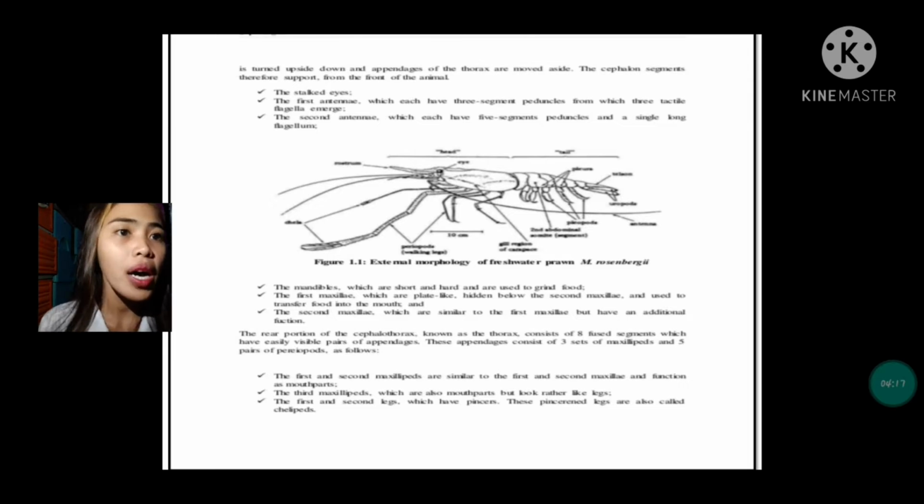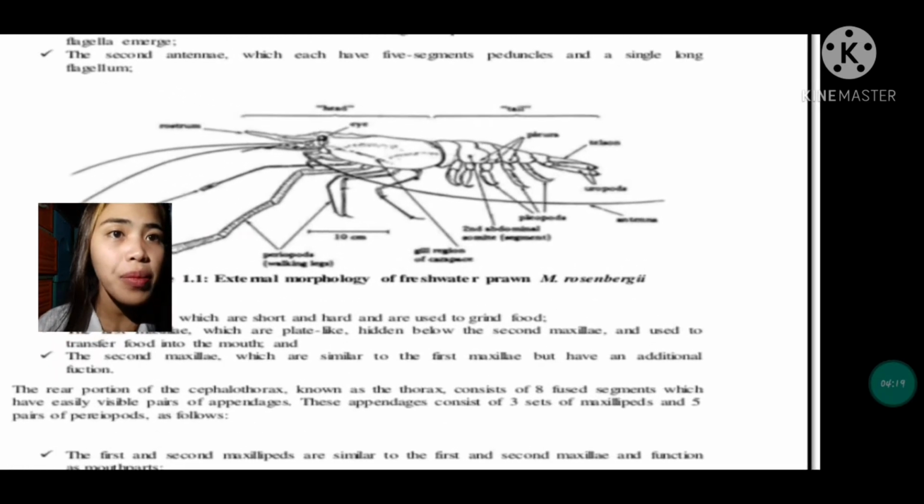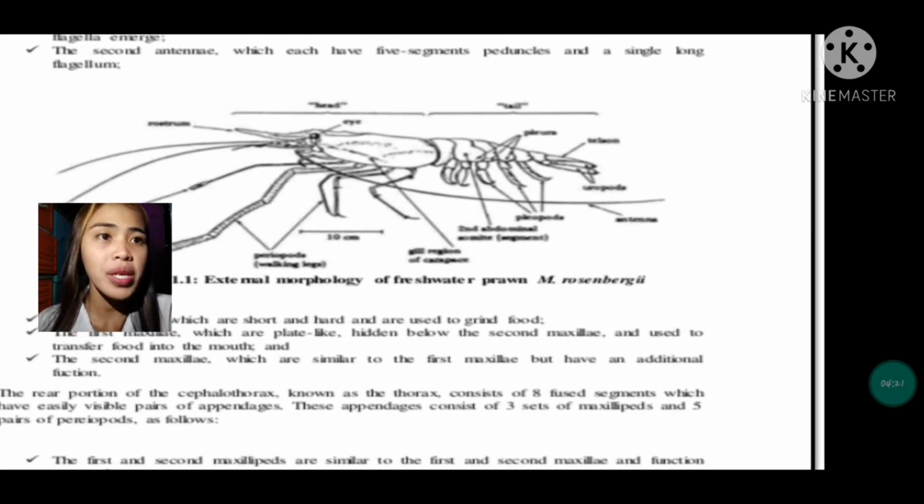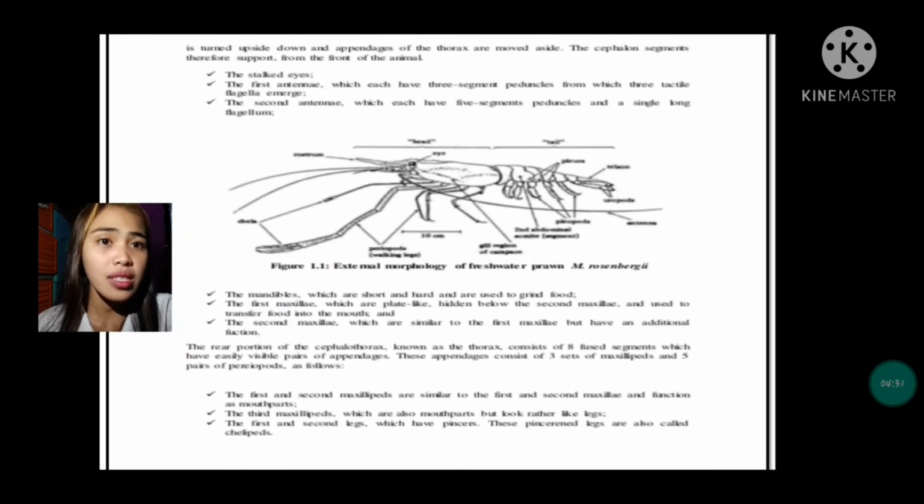That is the antennae. The next is the mandibles. The function of the mandibles is to grind the food they eat.